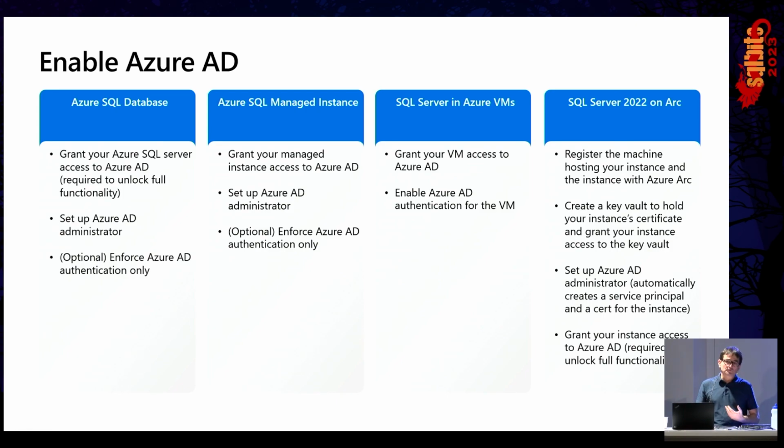All you need to do is provide an empty key vault, and tools that we have built for SQL Server on Arc will create a service principal and a cert for it, and deploy this cert to your instance automatically. But still, it's more complex than for the three products on the left, okay? In a nutshell, the logical steps are almost identical, okay?